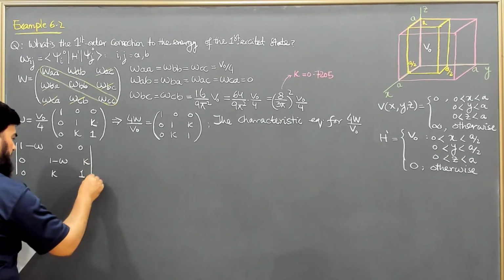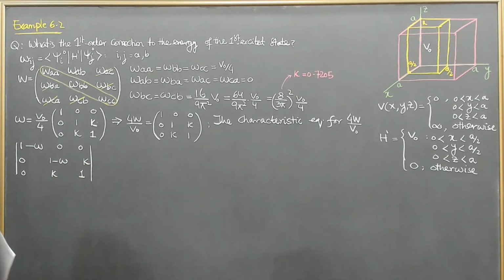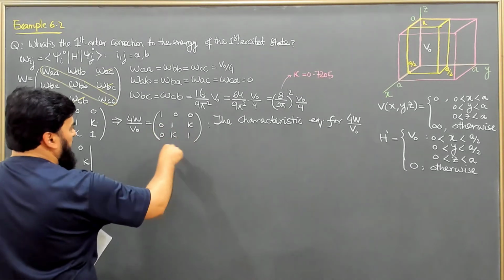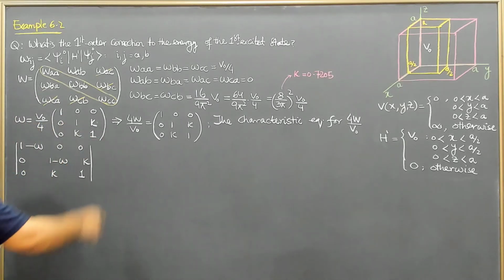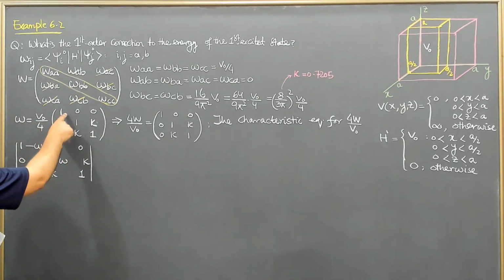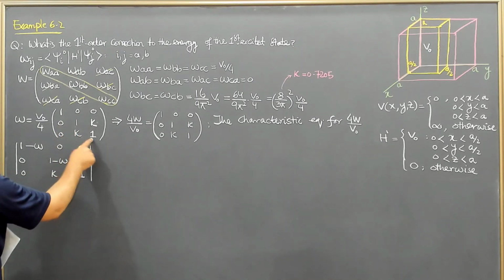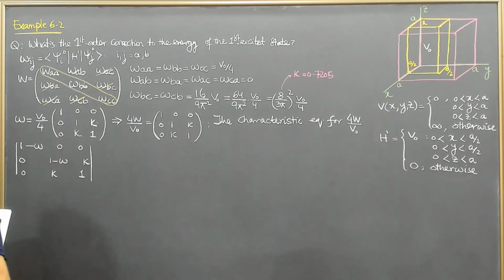This is just the characteristic equation. The characteristic equation which usually we write is the determinant of lambda I minus this one. So it will be the identity matrix like 1 0 0, 0 1 0, 0 0 1, and we subtract it from here. I hope you know the characteristic equation.